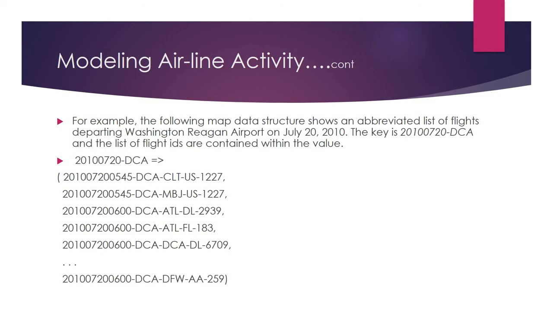So to model this data structure, we introduce a new column family called flight departure. The departure date and the departure airport are combined to create a unique key, which we described here.